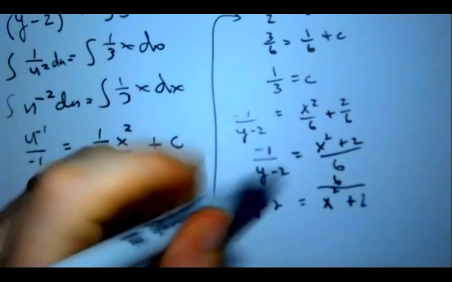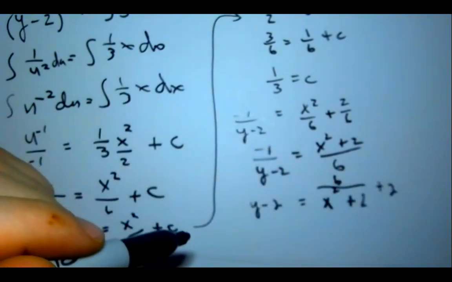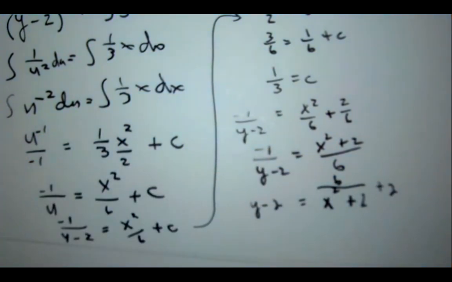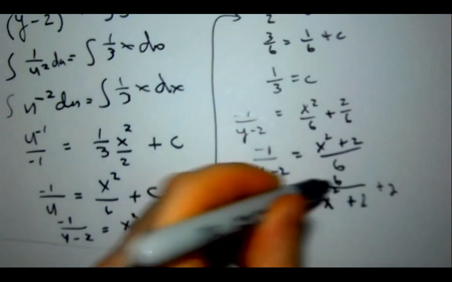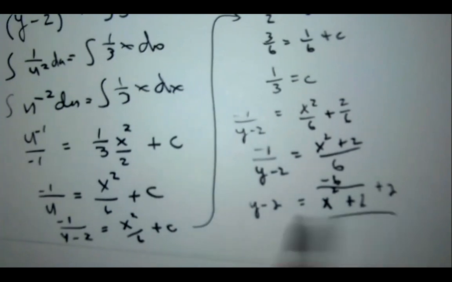And then we've got to add the 2 over to this. And does that check out, guys? Negative 6. So we had a negative 1 on the bottom. That's it. You got it.